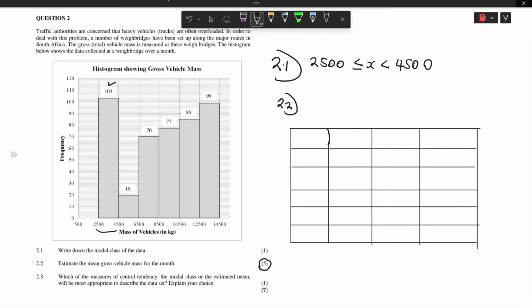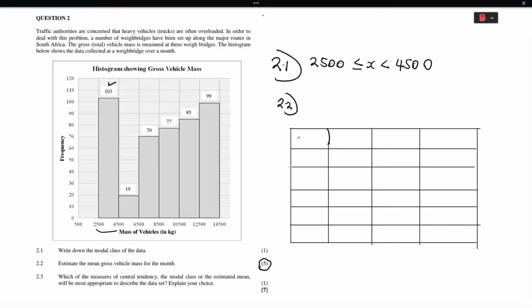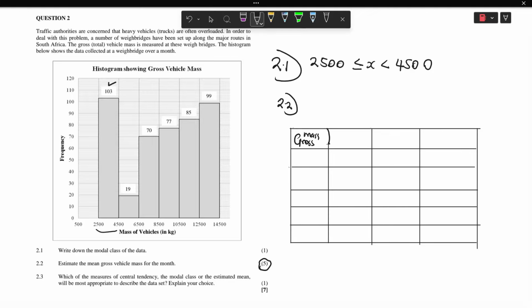The first one is the interval, okay? I'm talking about the mass, the interval of the mass. And then here I write frequency. And then here I'm going to write midpoint. And then here I'm going to write frequency multiplied by midpoint. I hope this is clear.